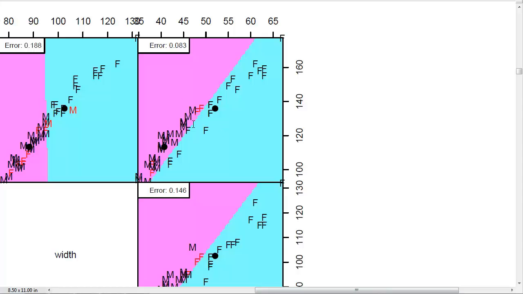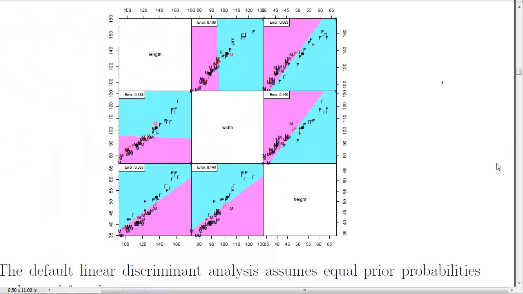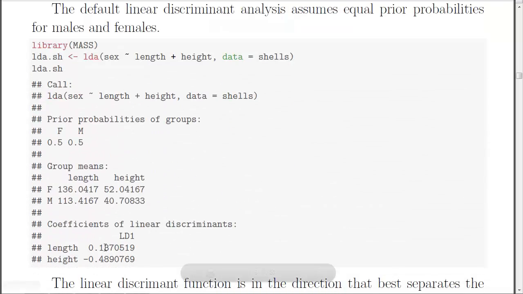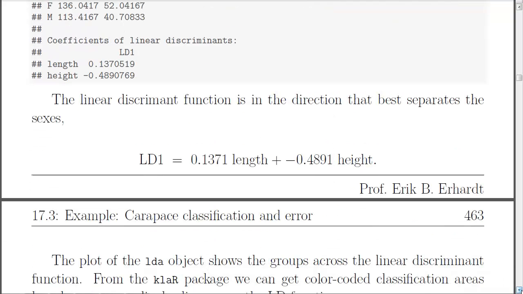So this line that separates the cyan from the magenta colors is perpendicular to the linear discriminant direction. Okay, so slightly up with length, 3 times as much for height, but in the negative direction. And we call that LD1.